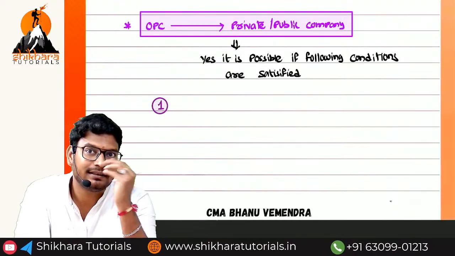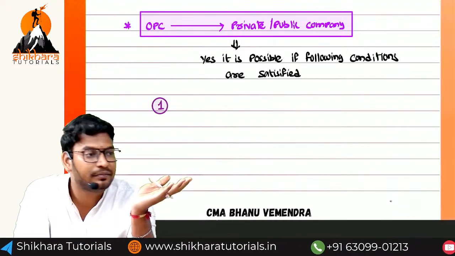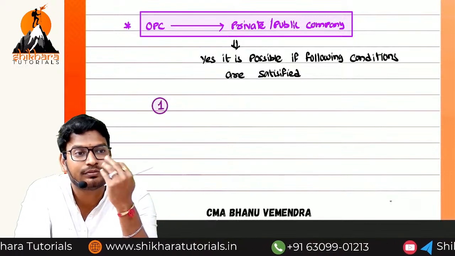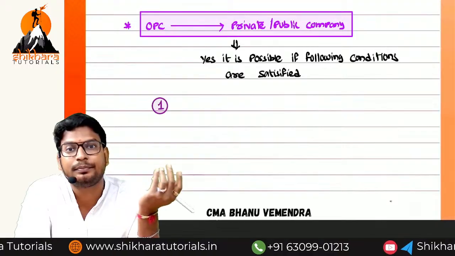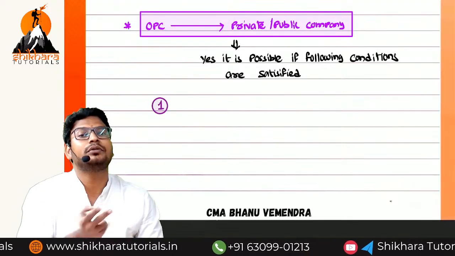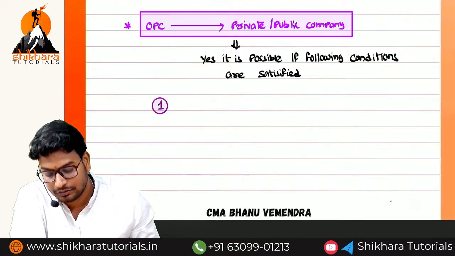There is a condition that public companies also have a minimum paid up share capital, and private as well. For a one person company, how much is it? Only 1 lakh. The paid up share capital must be increased. So they will give permission after 2 years. How many years? 2 years.